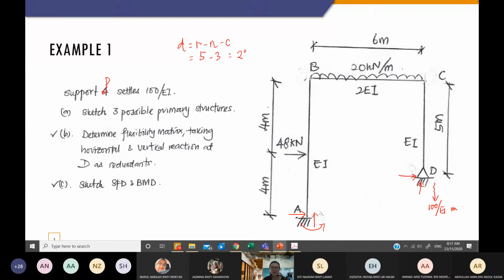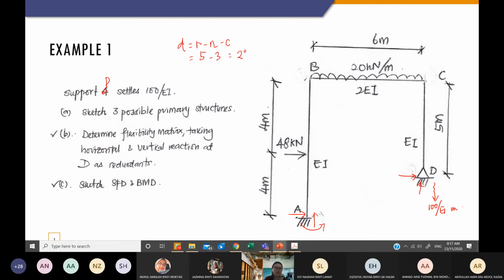In the flexibility method, you always have 1 primary structure, but now it asks you to sketch 3 possible primary structures. So you need to provide 3 cases where in each case you remove 2 redundants. We will have a look at that.